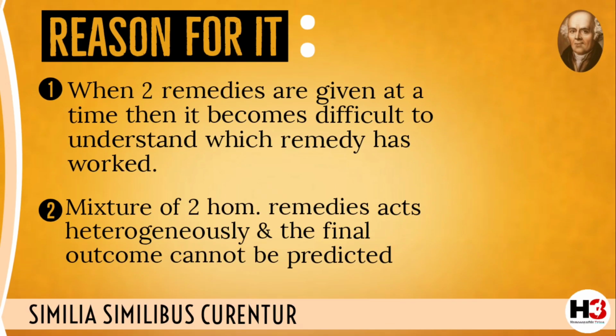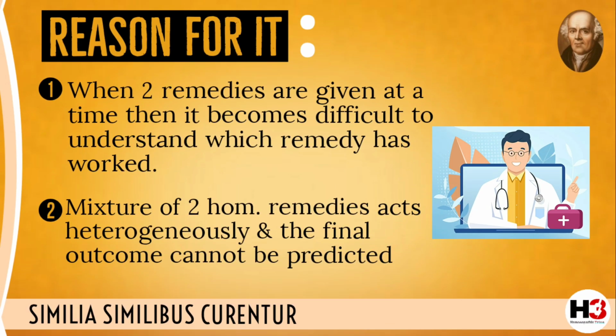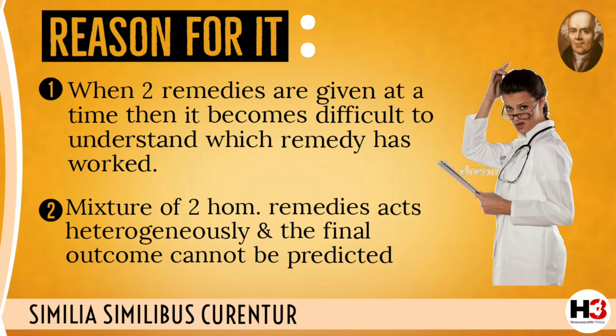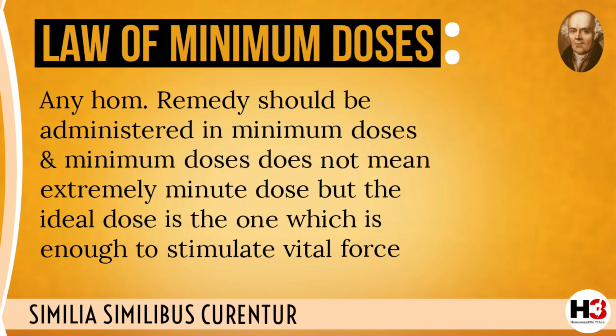This is because if two remedies are given at the same time, it becomes difficult for the physician to understand which remedy has acted or which has not. Apart from this, a mixture of two or more homeopathic remedies always acts in a heterogeneous manner, and thus the final outcome cannot be predicted.